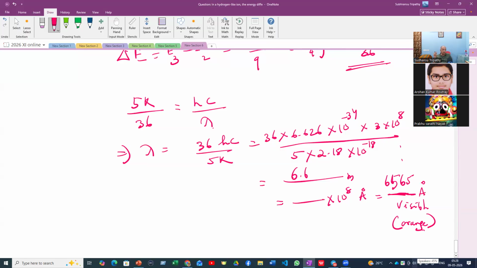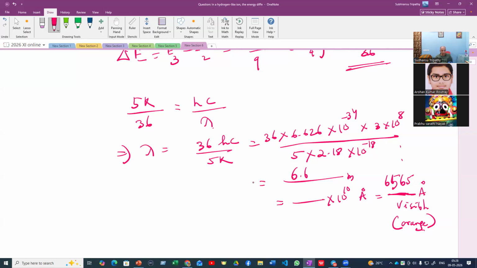Your calculation went wrong somewhere down the line. Then whatever happens ultimately, oh, I'm so sorry, 10 to the 10. Because this will come in meters. 1 meter is 10 to the 10 angstrom.